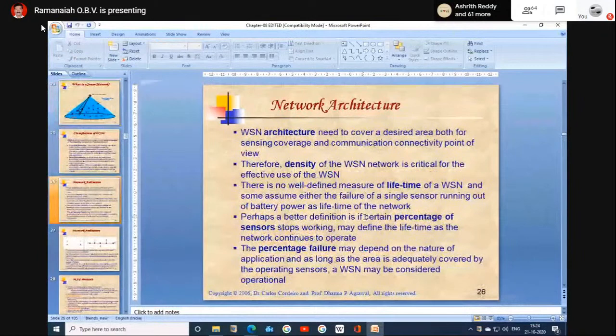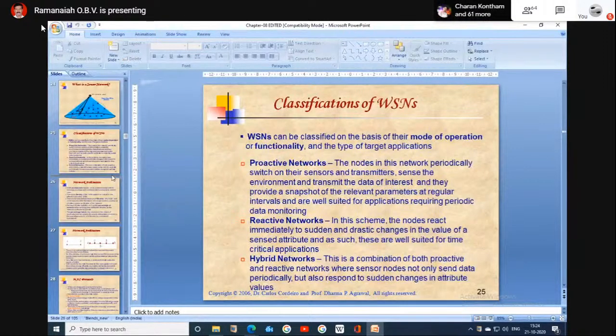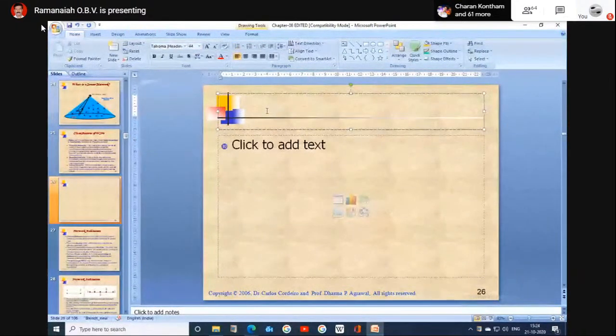Now we should understand network architecture. So the queries also, there are 3 types. I can add a new slide and explain query types.